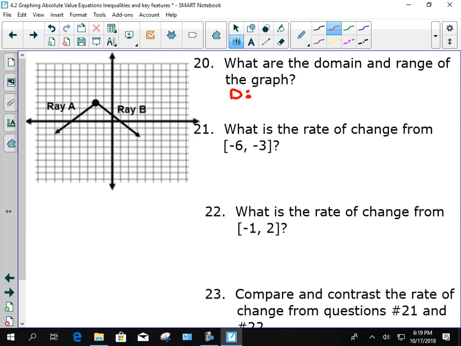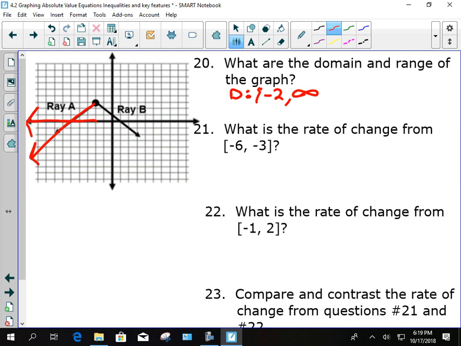I'm going to go from -2 to infinity, because this is going to start at -2 on the x, and it's going to keep going this way forever and ever. So my domain is -2 to infinity.